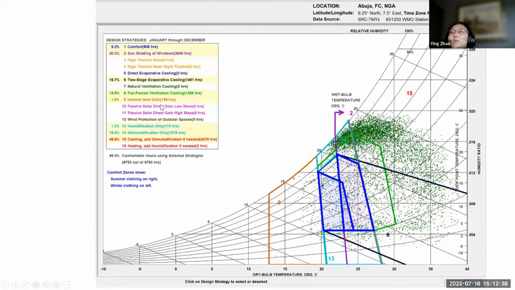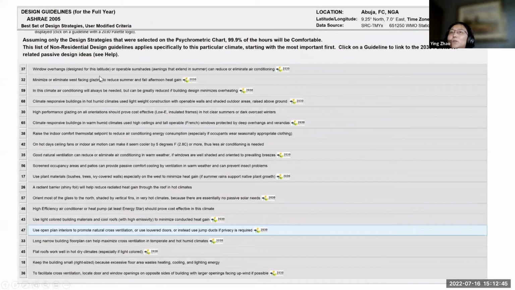Other things like just heating are definitely not applicable. The software automatically gives you these suggestions, but they are just automatically generated. You can consider that they could be effective, but you need to evaluate more.